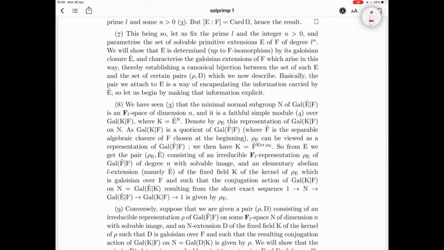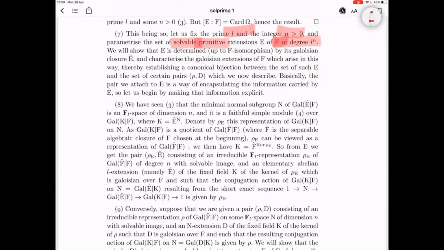We are fixing a field F. We are fixing a prime number L and an integer n, and we want to look at all extensions of F of degree L to the n, which are solvable and primitive.